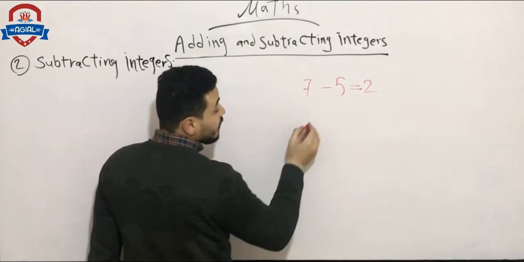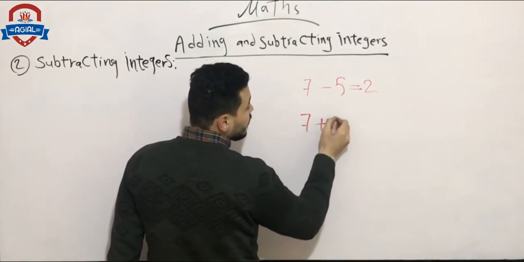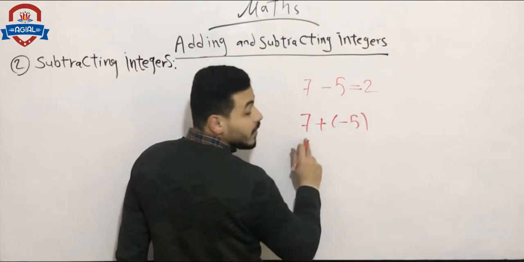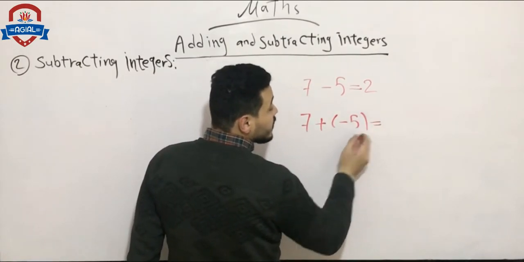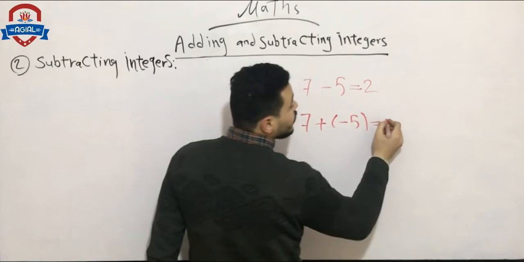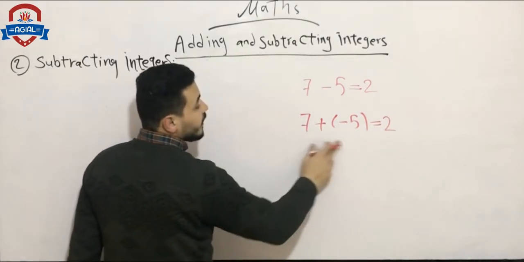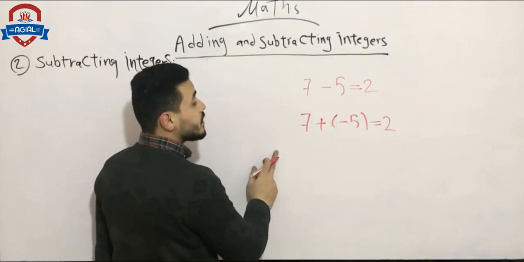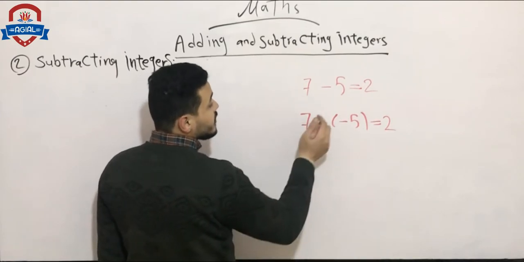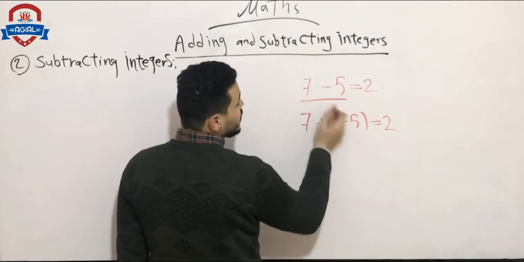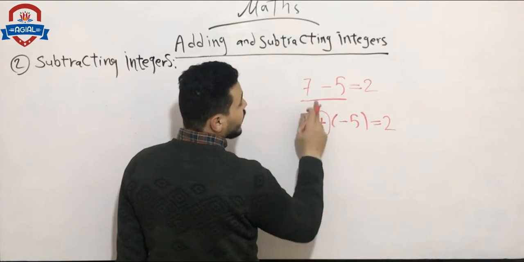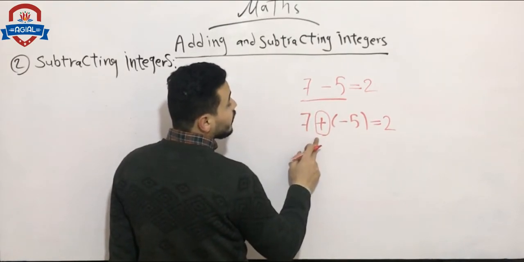And 7 plus negative 5 equals 2. You can verify this sum using the number line. So we can subtract using adding.